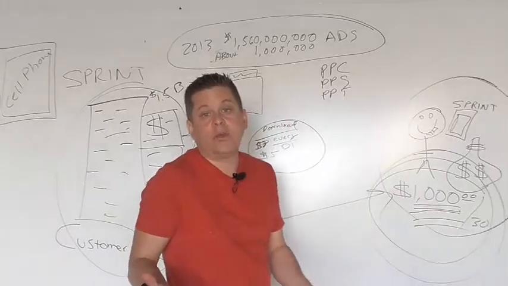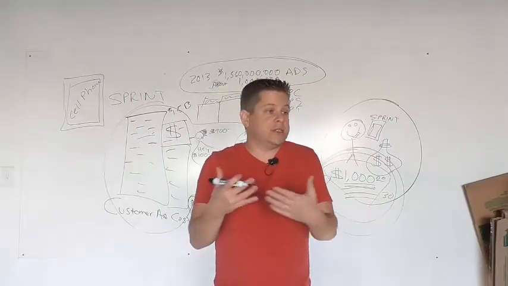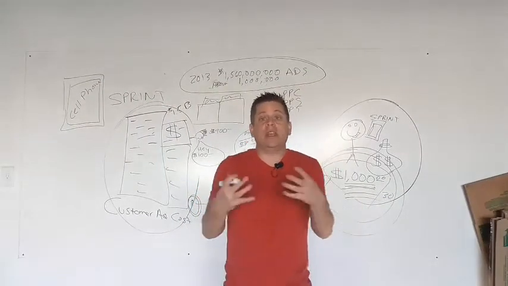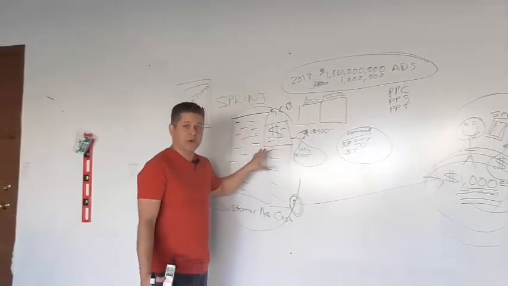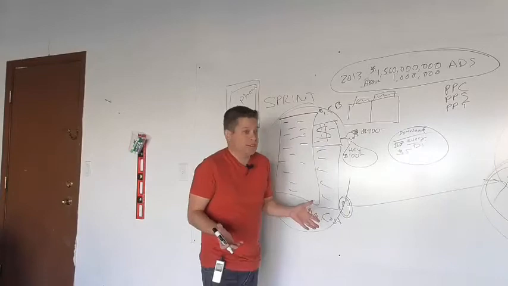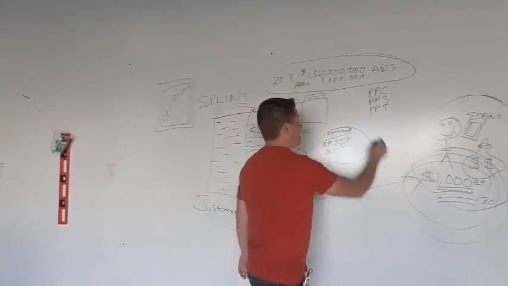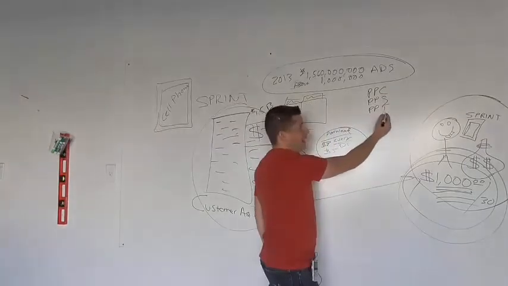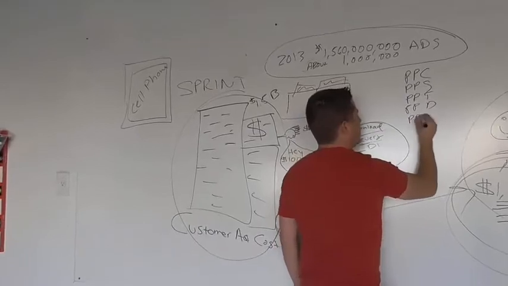It's like, okay, well, we'll give you $30 if you get us a $10 customer or a customer who signs up for a $1 thing because we know we can make more money on the back end. These big businesses know their numbers, or at least we hope they do as shareholders. They know their numbers, which is why all this works. So we got pay-per-click, pay-per-sale, pay-per-trial, pay-per-download, pay-per-call.